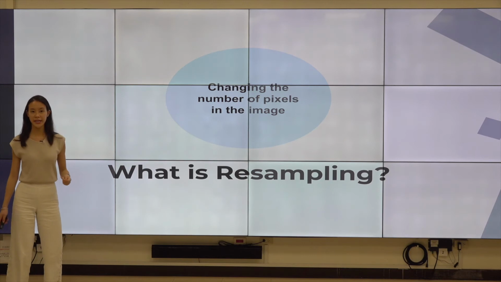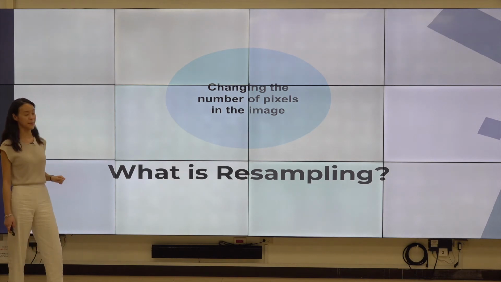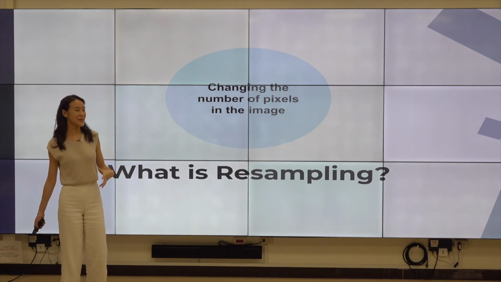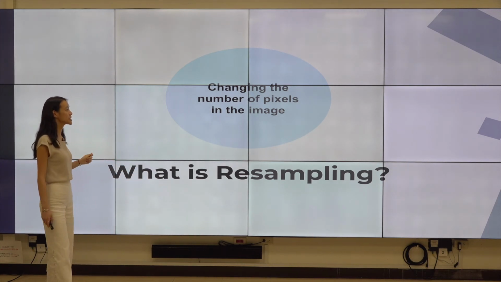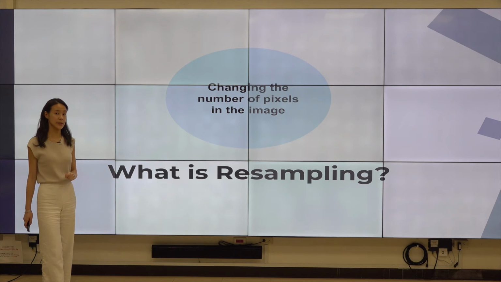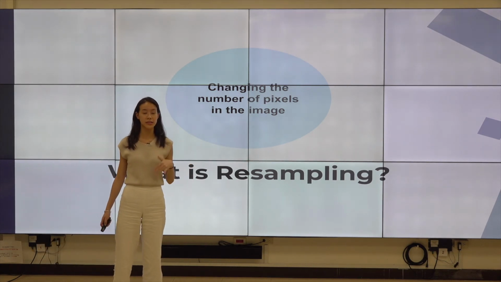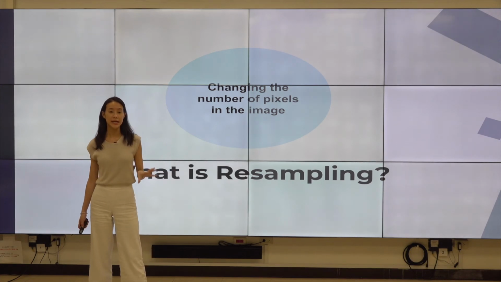So to reiterate, what exactly is resampling? The answer is already given to you, but just a reminder, it is changing the number of pixels in the image. As we explained before, that 5,000 to 1,000 idea, that's what resampling is.